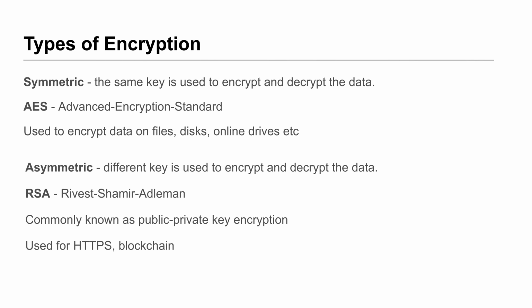Now there's another type of encryption called asymmetric, which means that a different key is used to encrypt and a different key is used to decrypt the data. So, unlike the previous case where we were using the same key to encrypt and decrypt, here we use different keys. Now, this might sound weird because how can this happen? Well, there is a popular algorithm called RSA, which is actually used in such cases. Now, you might have heard about public and private key encryption.